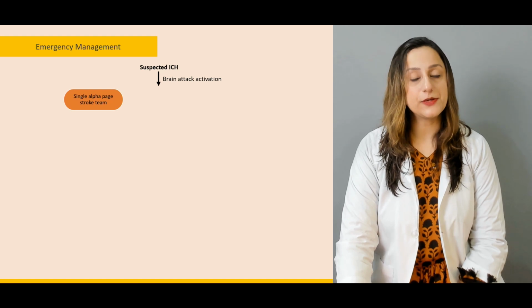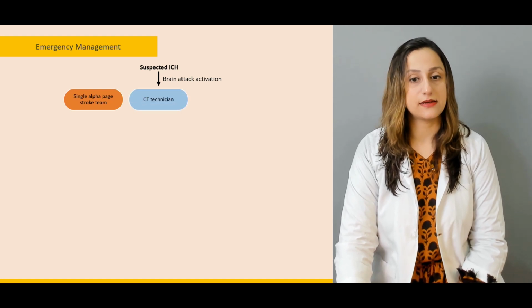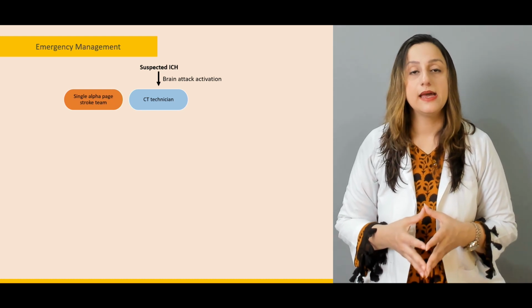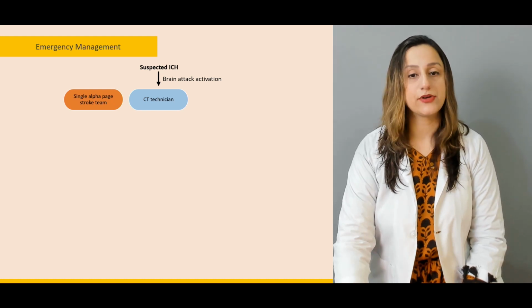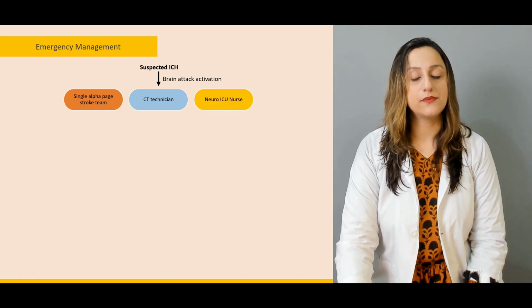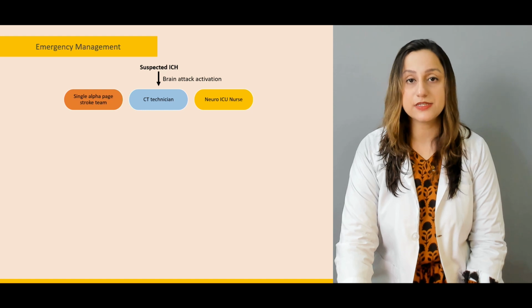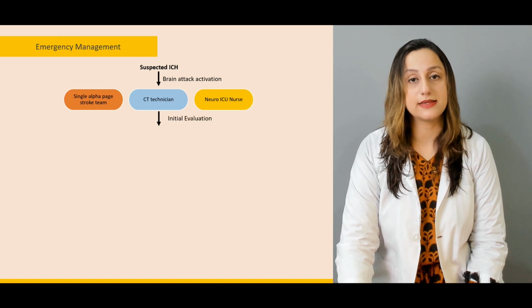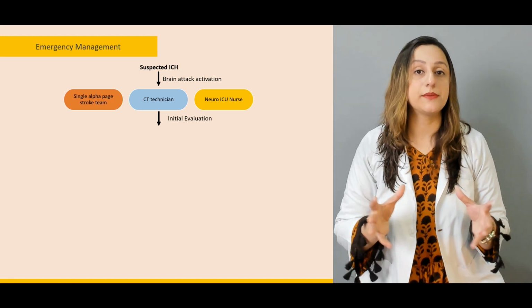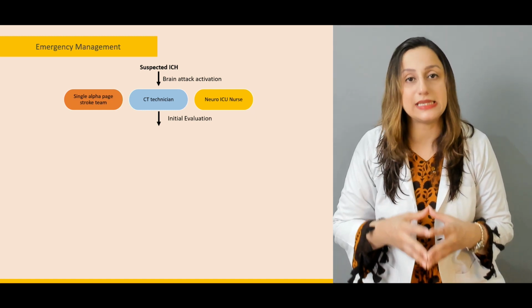A single alpha page stroke team is out there to help you out. Then you have the CT technicians, who are an important part of the management team. We have the neuro ICU, that is the intensive care unit nursing staff, available at your hand, and all of them are a part of the management team.